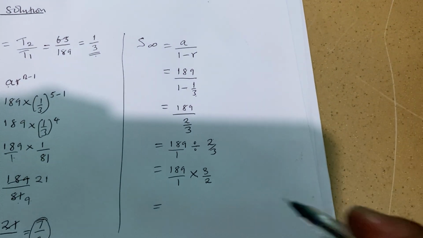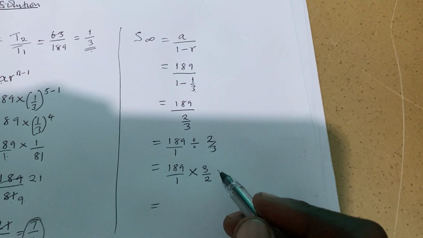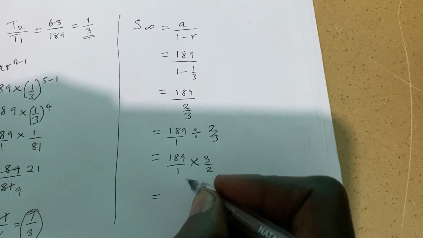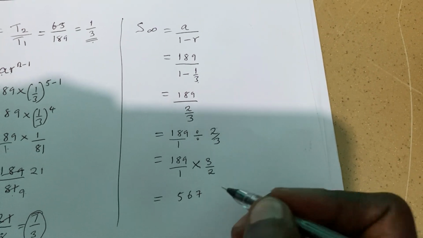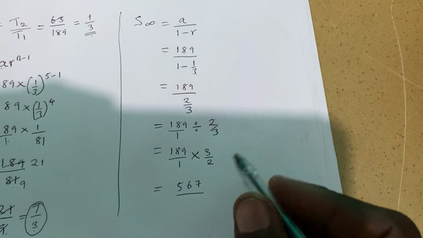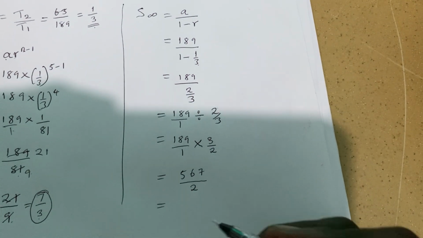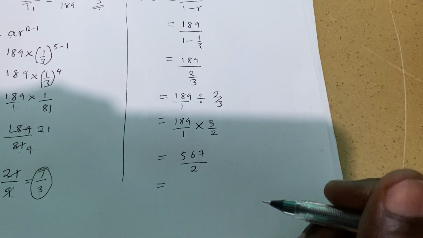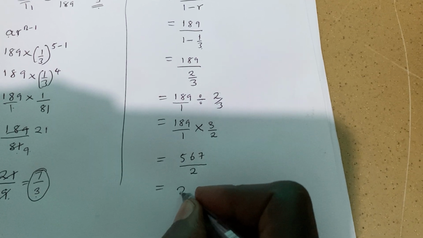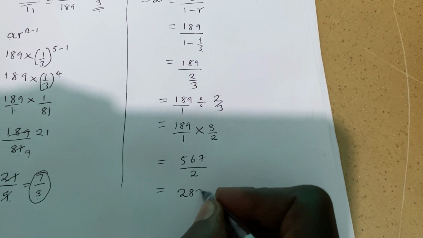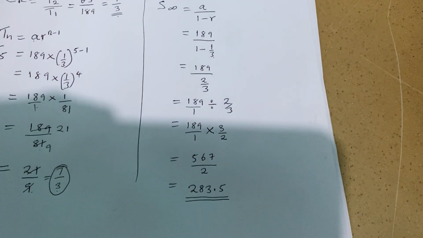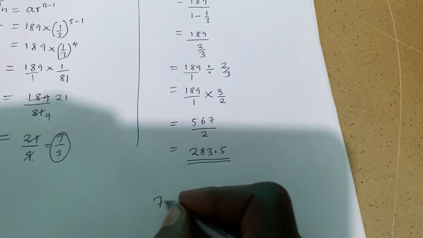Then you can multiply: 189 times 3 is 567, over 1 times 2, which is 2. Then you can divide, and the answer is 283.5. So this is our sum to infinity. So we have gotten all the 7 marks.